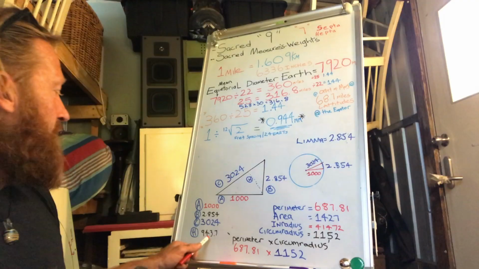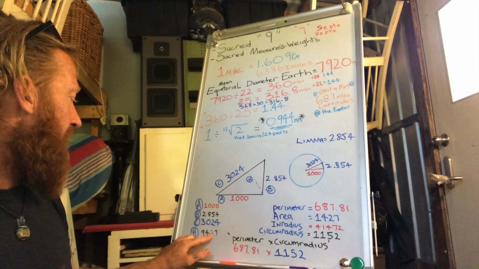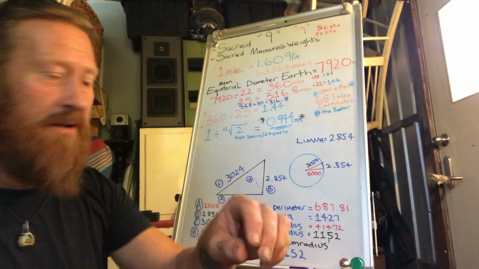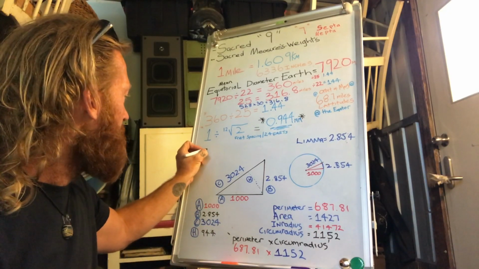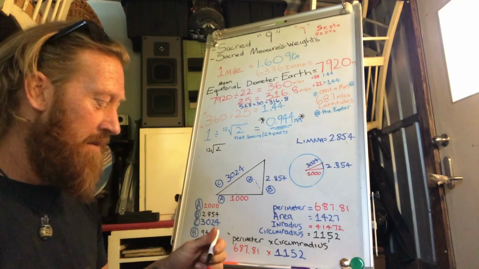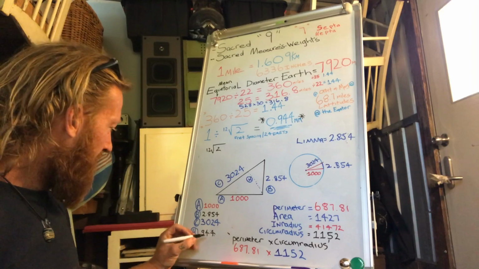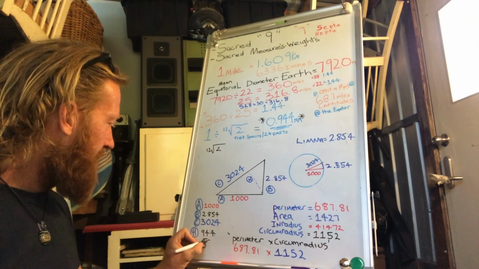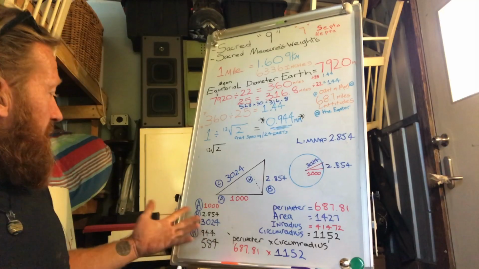Now the H is what we were saying earlier about Venus. This is Venus. We can round this up, obviously. It's 943.7, so we can round that up to 944. And this is the ratio, the 12th root of 2, that gives us the 12th chromatic scale, the equal temperament. And we saw that in minutes this is 584, and that's the synodic period of Venus.